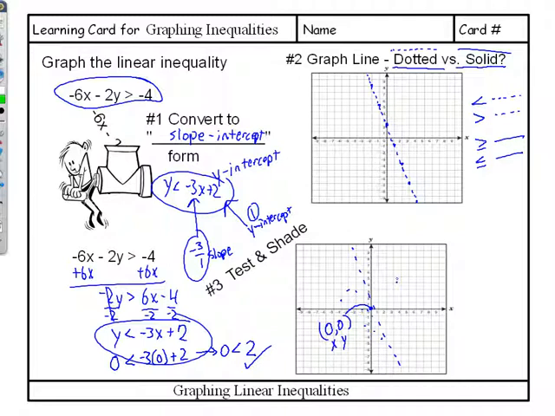If I tested a point over here, it would be false. So I'm going to shade this on the side where I tested true. This is going to be my shading, and that basically represents the solution to this two-variable linear inequality.